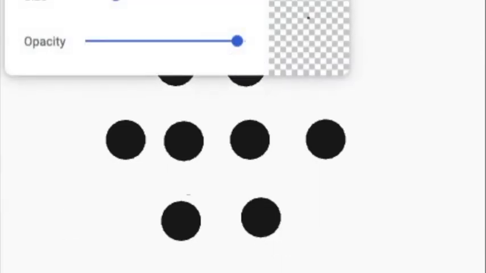What about this group of dots? What do we see here? How many dots? 1, 2, 3, 4, 5, 6, 7, 8. And how could we split this into two groups?